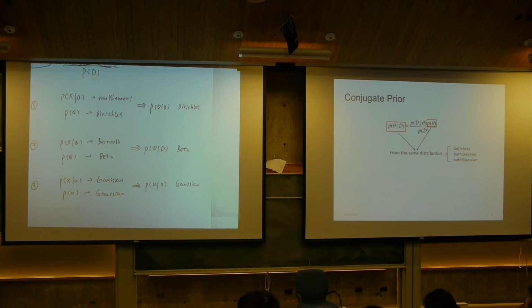You can see that the definition of a conjugate pair usually involves two distributions, which are conjugate to each other. So Dirichlet is conjugate to multinomial, beta is conjugate to Bernoulli, and Gaussian is conjugate to Gaussian.